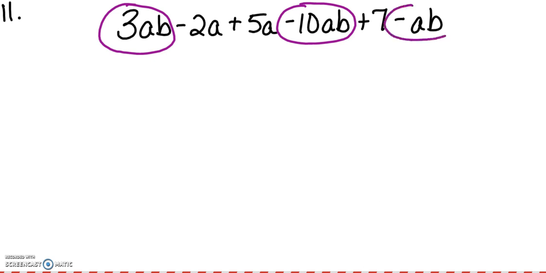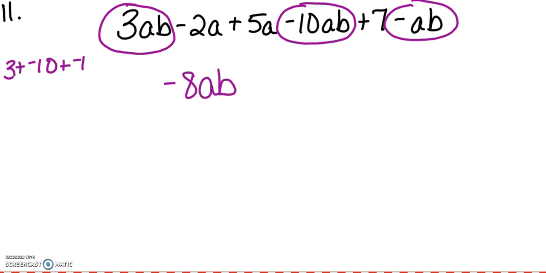And don't forget, this is a negative 1ab. So we have to combine 3 plus negative 10 plus negative 1. So 3 plus negative 10 is negative 7, plus negative 1 is negative 8. The ab stays the same.